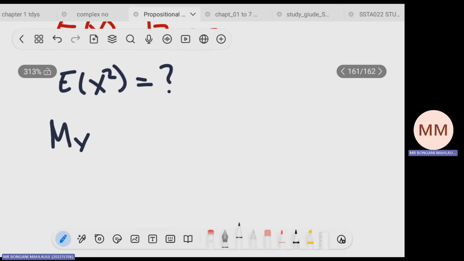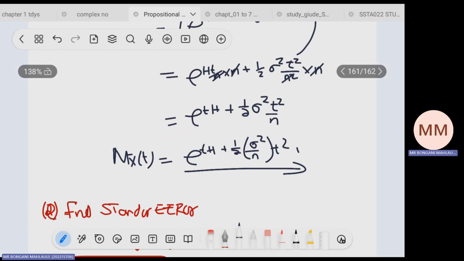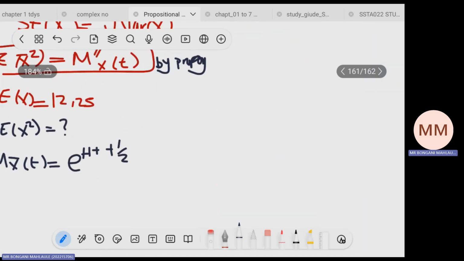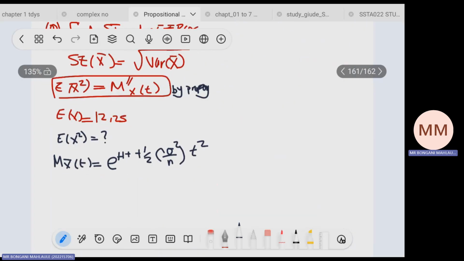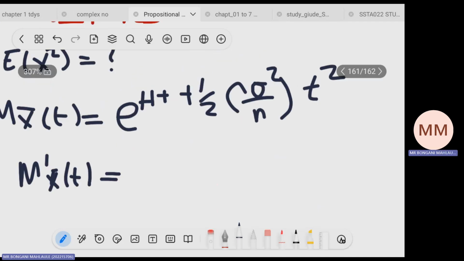So we know that our MGF was equal to this. From the previous question, we already found it. It's this one, so I'm just going to copy it here, plus half sigma squared over n t squared. So the first derivative: let's first substitute.